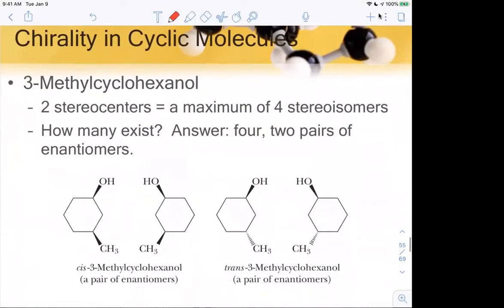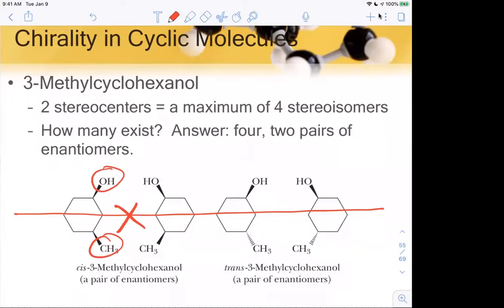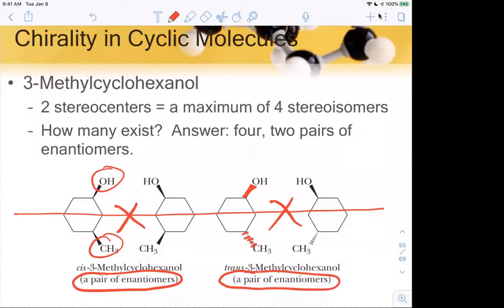When I look at 3-methylcyclohexanol, right? If I want to look at that plane of symmetry, this is different from this, so that's not going to exist. This is bolded out, and this is behind, so that's not going to exist. So what I have is a pair of enantiomers and a pair of enantiomers.